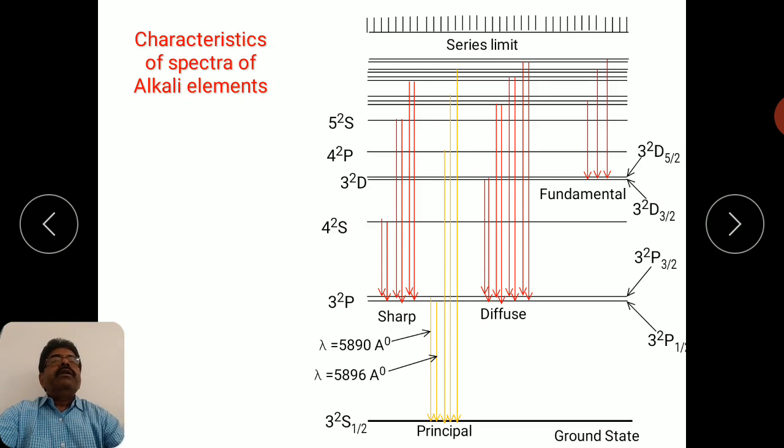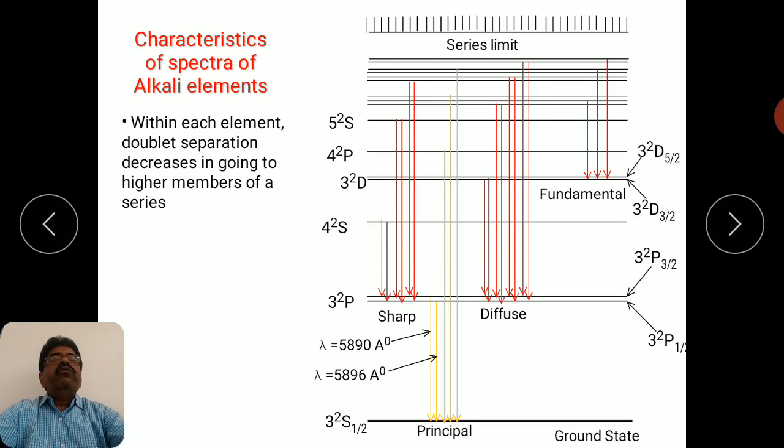Then the next characteristic: within each element, doublet separation decreases going to a higher member of a series. You can see here that for this term the doublet separation is greater, but for 3D the two differences are less, and if you go further higher, F and so on.